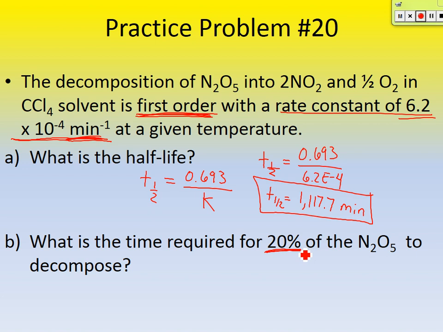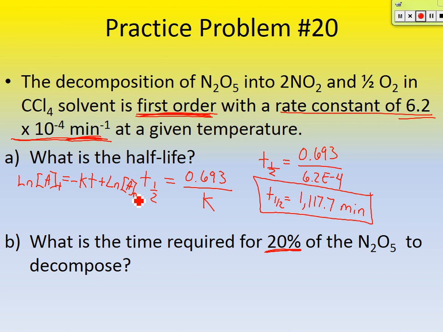Let's go back. It did tell us it was first order. Let's write the integrated rate law for a first order reaction, which says that the natural log of the concentration final is equal to minus the rate constant times time plus the natural log of your concentration initially.